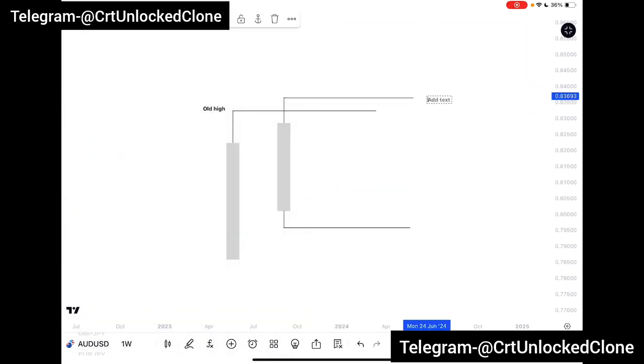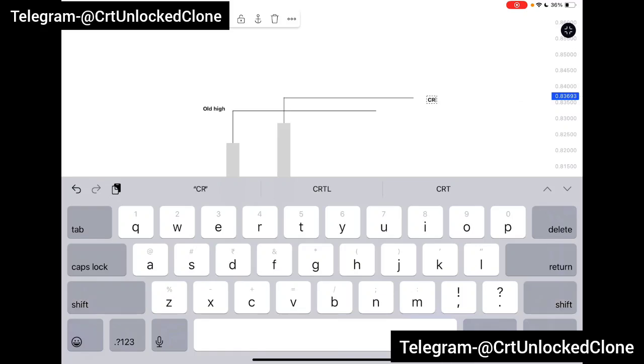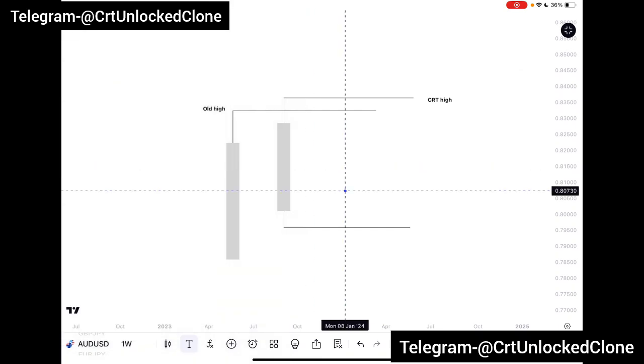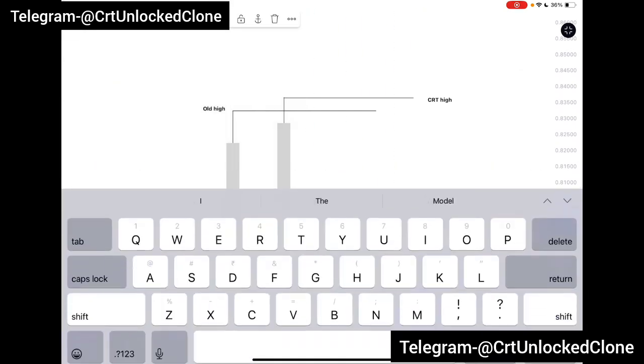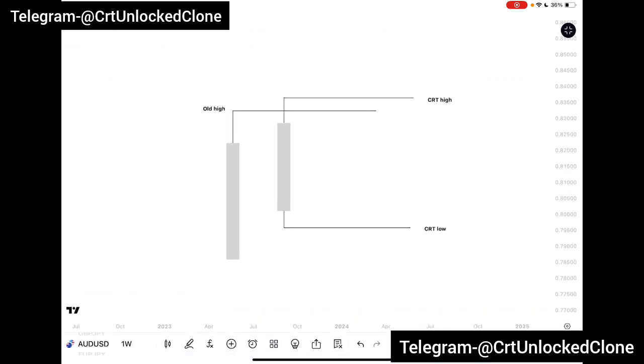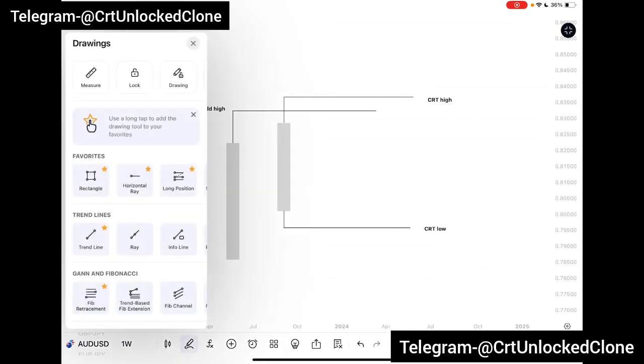This is the CRT high, and this is the CRT low. So this is our CRT high and CRT low, and next what will come? I know you guys have guessed it.